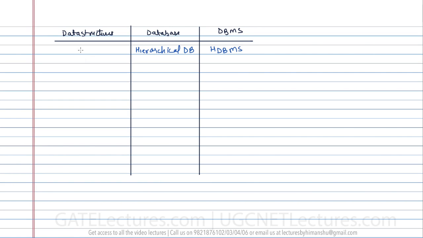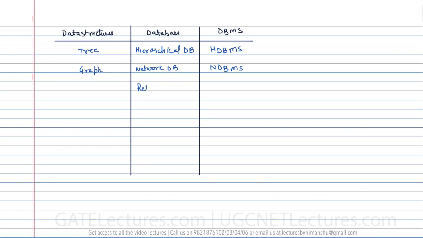The underlying data structures which we use are trees. Then we have the network data structure, network DBMS, also called NDBMS, and here we use a graph as the underlying data structure.